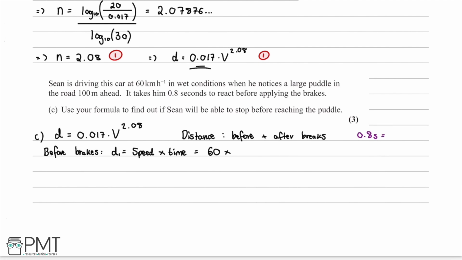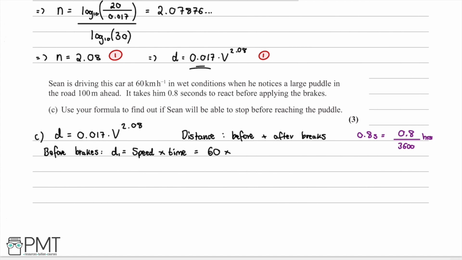But to convert this into the same units that the speed is measured in, which is kilometers per hour, we must change the seconds into hours. So we can do this by dividing 0.8 by 60 squared. So that's going to be 0.8 over 60 squared, which is 3,600, and that's going to be in hours.